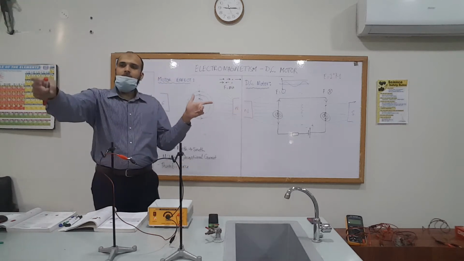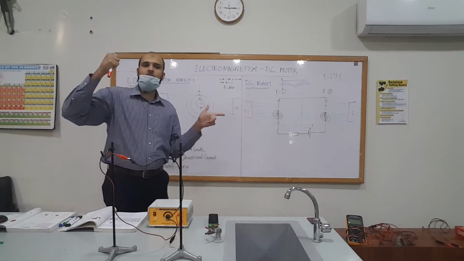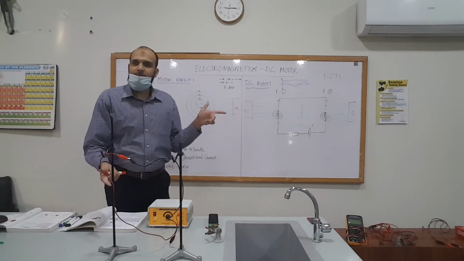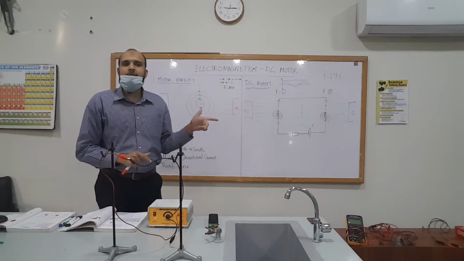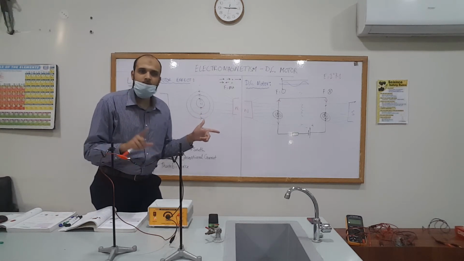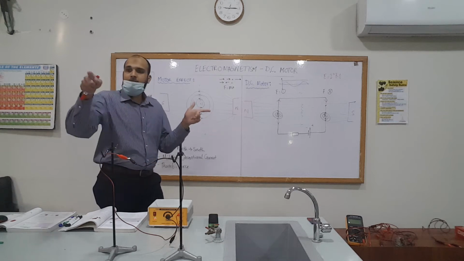So you're right. Every time you change the direction of the magnetic field or the direction of the conventional current, you're going to change the direction of the force. You're going to flip it towards the opposite side. Remember this. Very good.